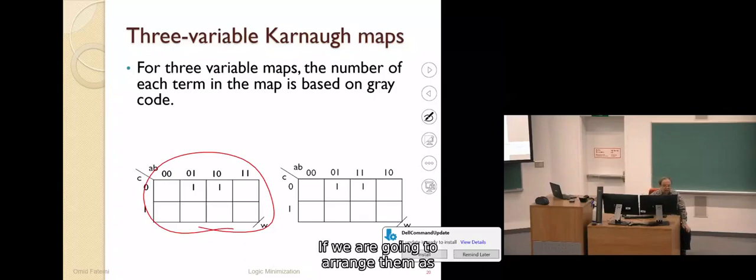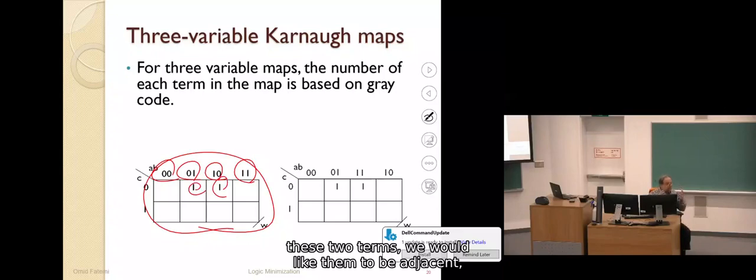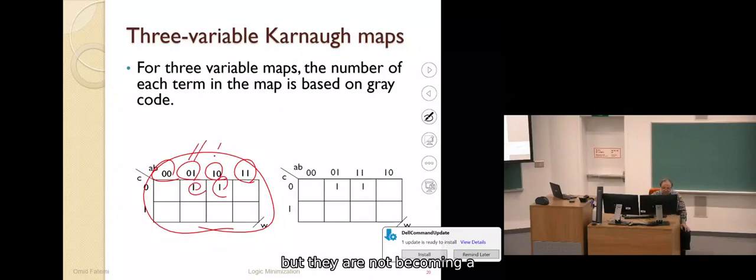If we arrange them as binary numbers, 00, 01, 10, 11, this is not good, because, for example, these 2 terms we would like to be adjacent, but they are not, because they differ in 2 variables, A and B, which is not good. So what is good?